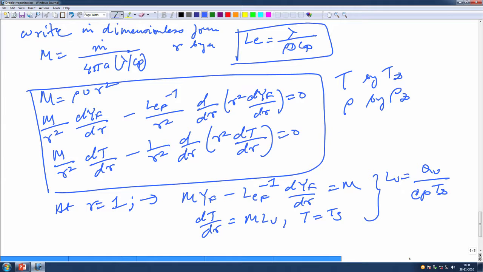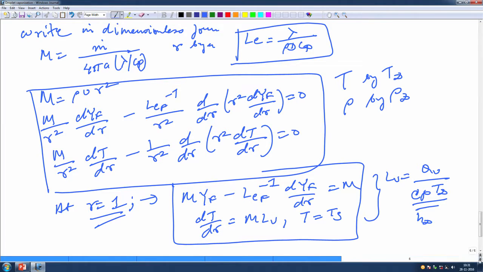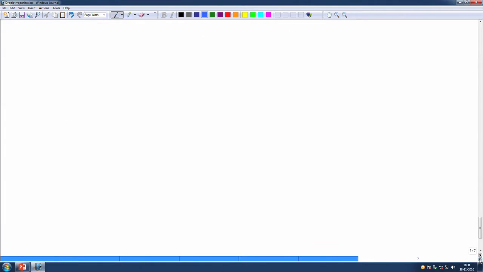Cp T infinity is basically nothing but H infinity. So, these are some of the basic quantities that we have written. This actually shows what happens at the interface in terms of the normalized quantities.